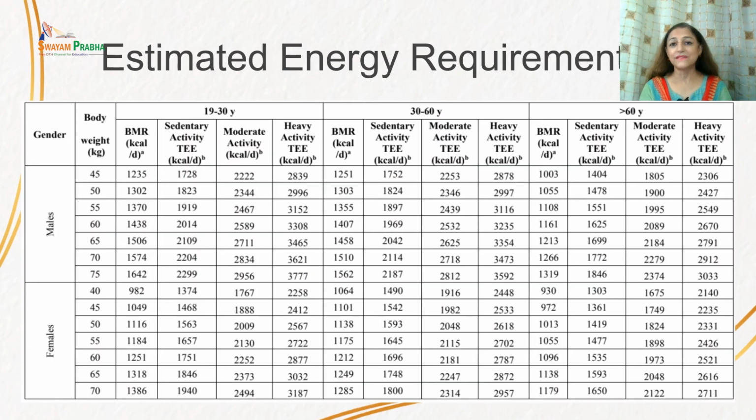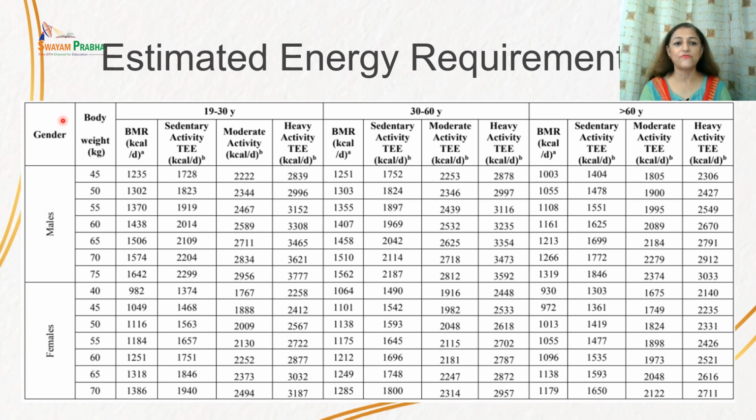This is the estimated energy requirements table given by ICMR RDA 2020. As we can see in this table, the first column is gender, male and female, and after that we have body weight.